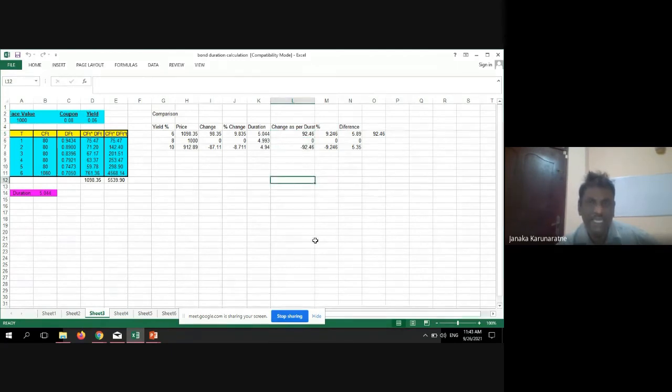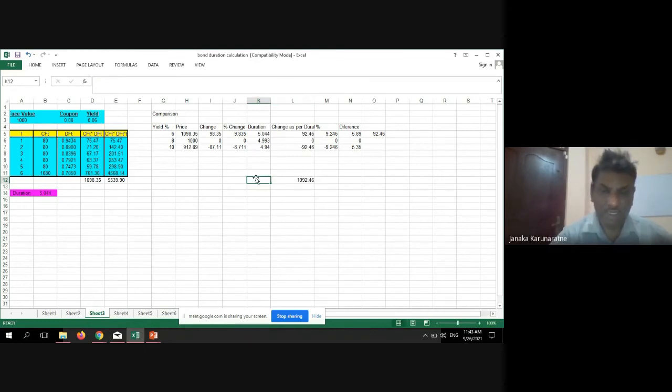So the price is 1092.46 for the 6% interest rate, and for 10%, the price is 907.54, right?